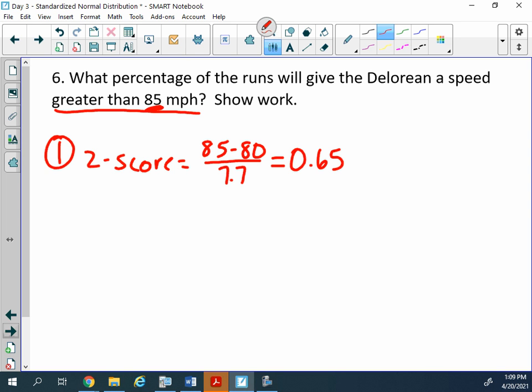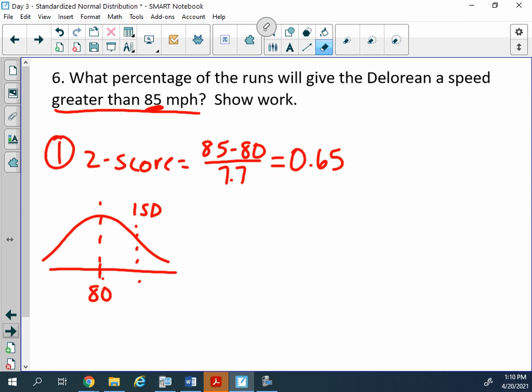Now let's think about what this would look like if we drew a curve here. So we know definitely 80 is your mean. 85, if we're at 0.65 as our z-score, here is 1 standard deviation. We're not quite there though.